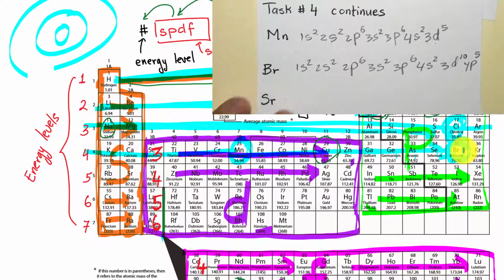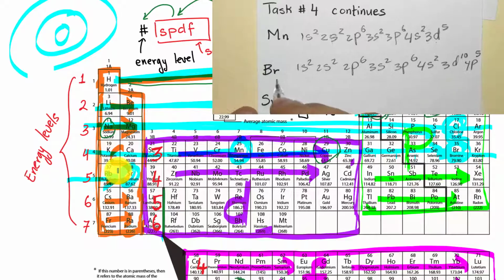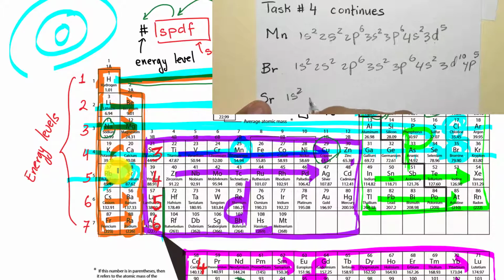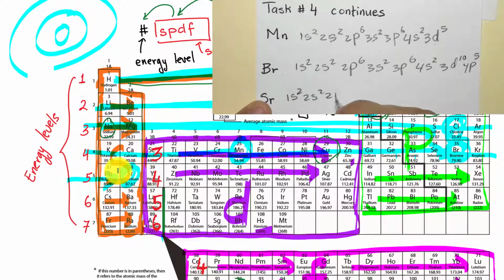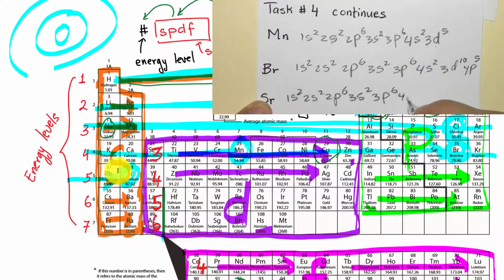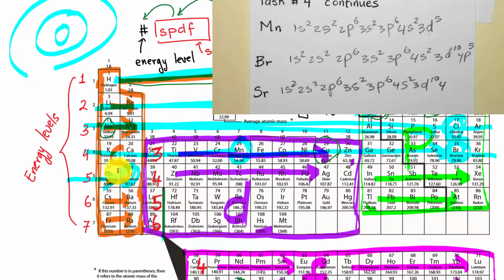Let's try the very last one. Let's try strontium. Strontium is right here. So we have to pass bromine and go all the way to the next energy level. Again, I can just copy whatever I have for bromine because we know it's going to be the same: 2s2, 2p6, 3s2, 3p6, 4s2, 3d10, and 4p6.